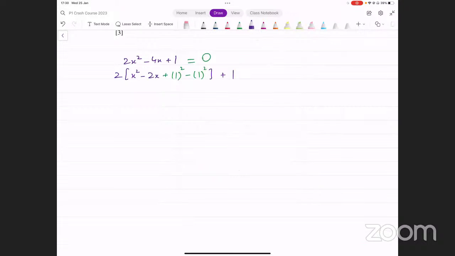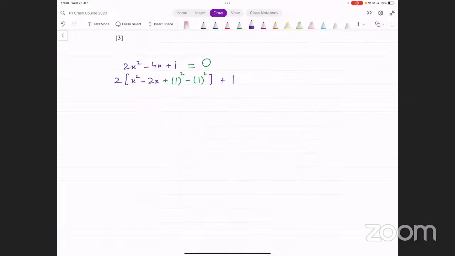And then what happens is these three terms give us a perfect square. So you've got x from the first term, sign from the second term, and this number from the third term. X minus 1 whole squared. Outside you've got minus 1. So that stays as it is, and plus 1.